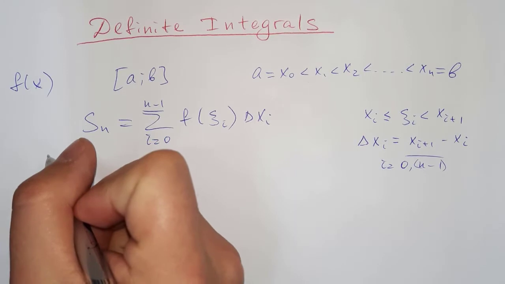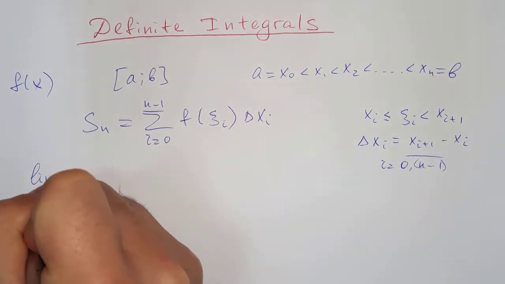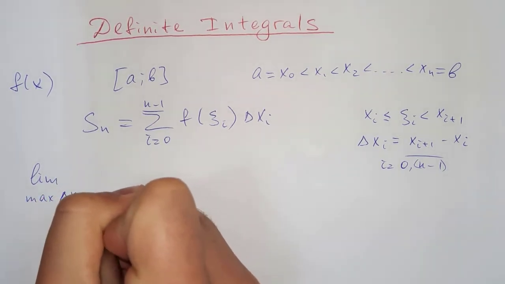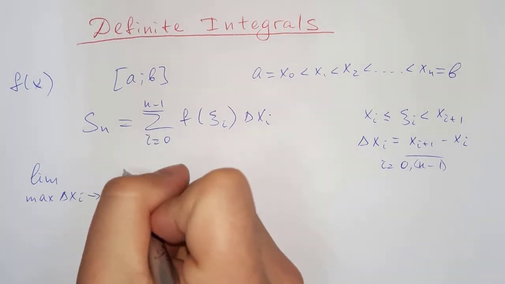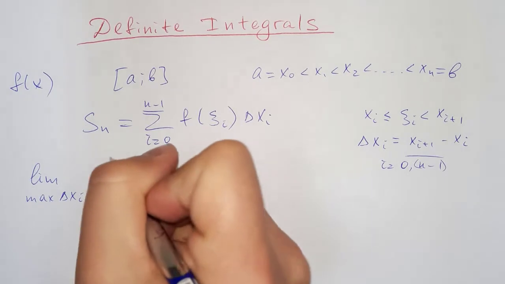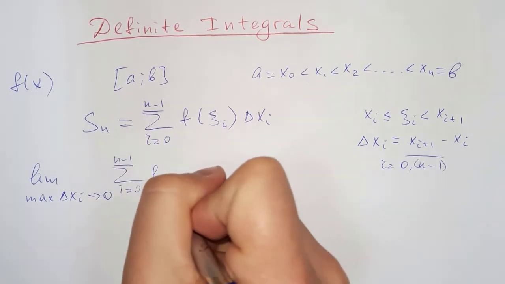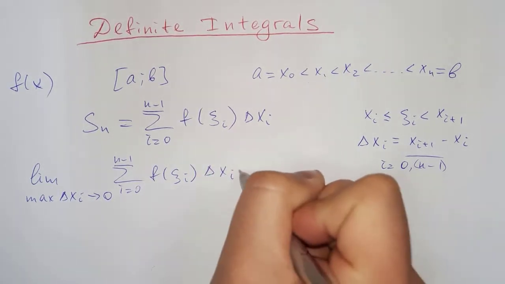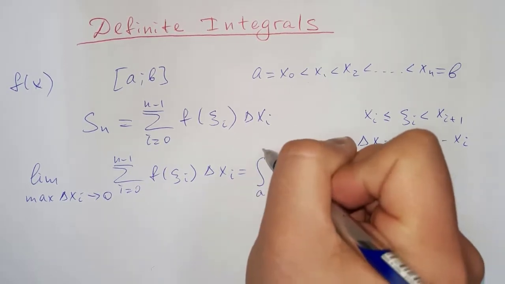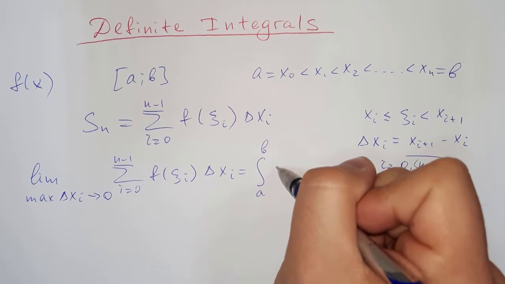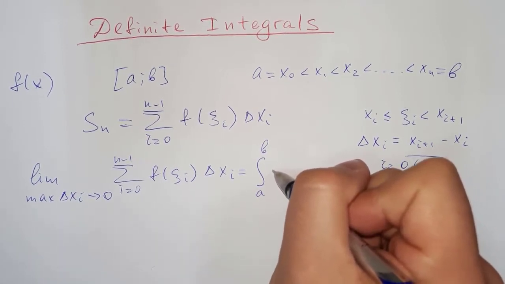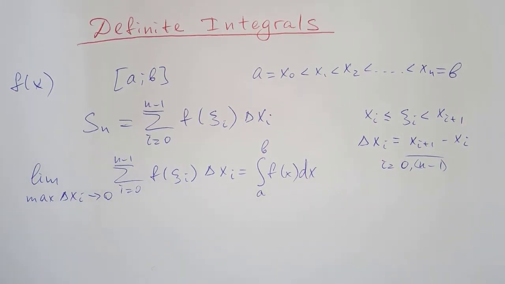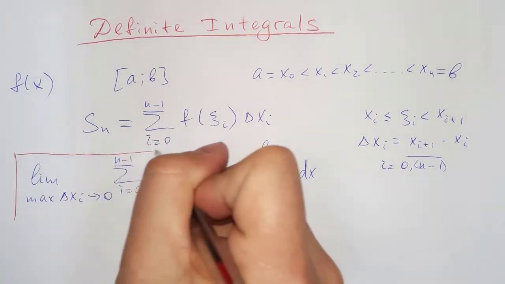We have the limit, where maximum delta x_i tends to 0, of the sum from i equals 0 to n minus 1 of f of xi_i times delta x_i, and it equals the definite integral on the interval [a, b] of f of x dx. We'll get our definite integral this way.